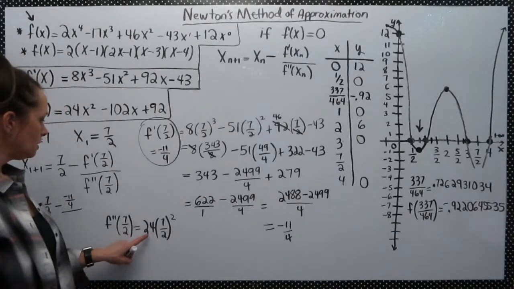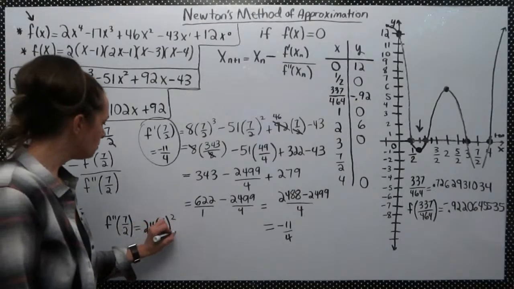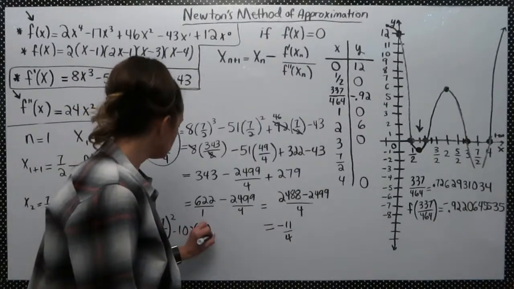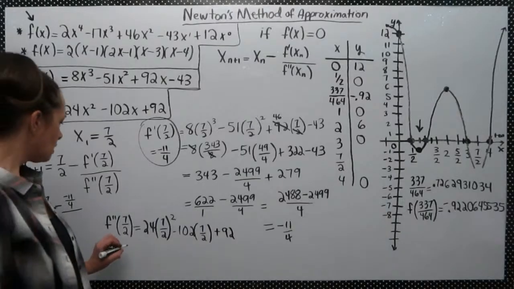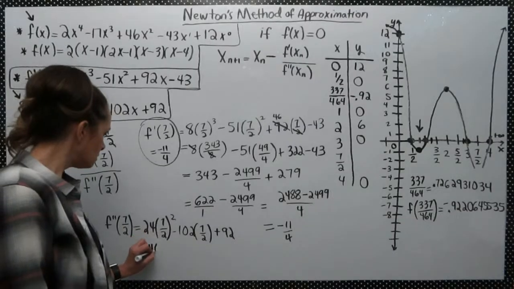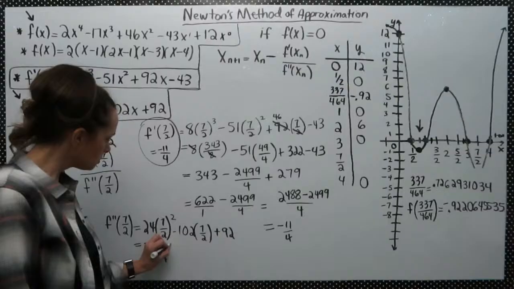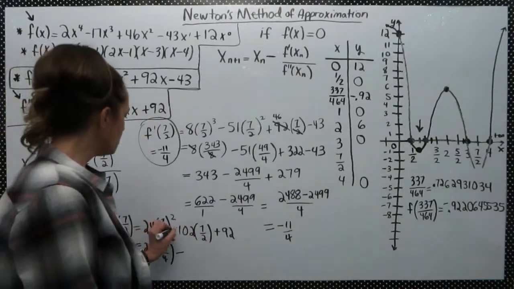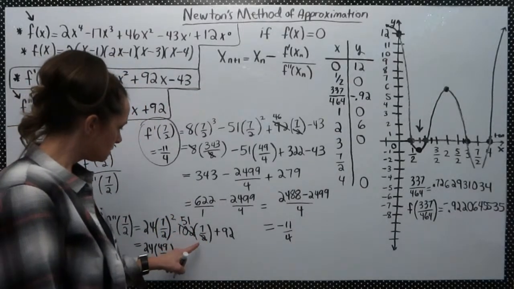All right. 24 times 7 halves squared minus 102 times 7 halves plus 92. And hopefully this works out. All right, so we've got 7 squared, that's 24 times 49 over 2 squared, which is 4, minus 102 times 7. Let's go ahead and reduce this down. That's 51 times 7.